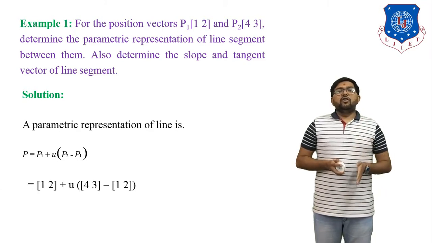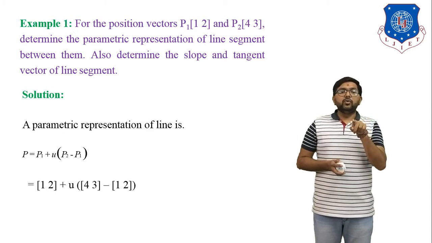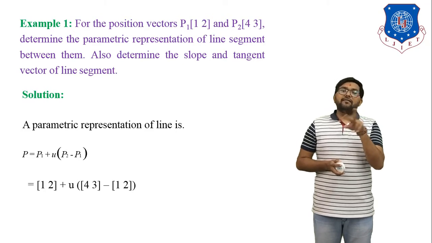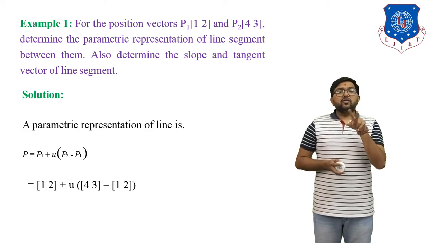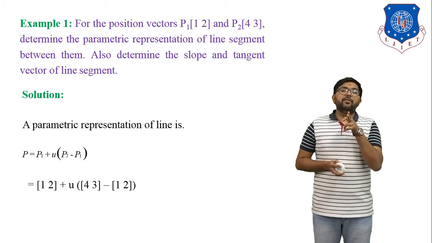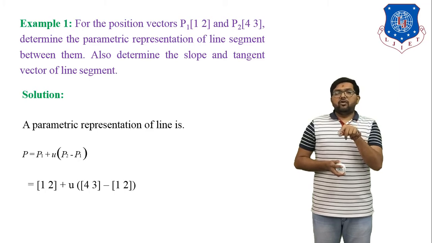So put the value of p1. Now the value of p1 is (1, 2) plus u times (p2 minus p1), that is the difference of the x and y coordinates. So first put the coordinates of p2, that is (4, 3), minus the coordinates of p1, that is (1, 2).